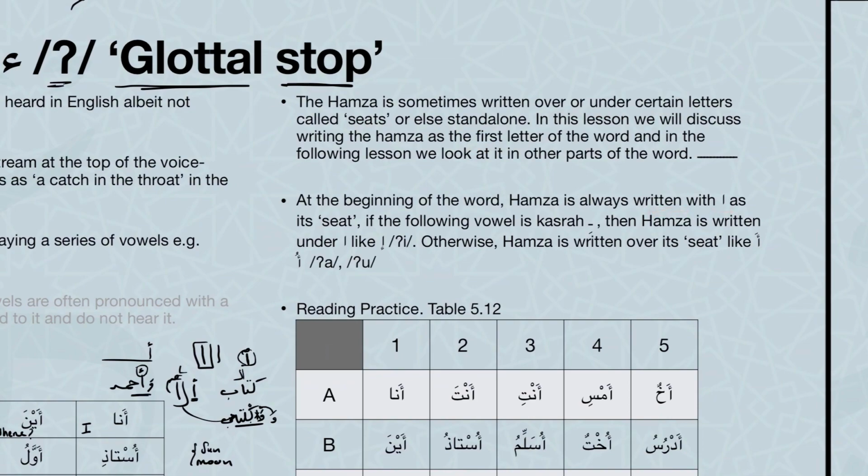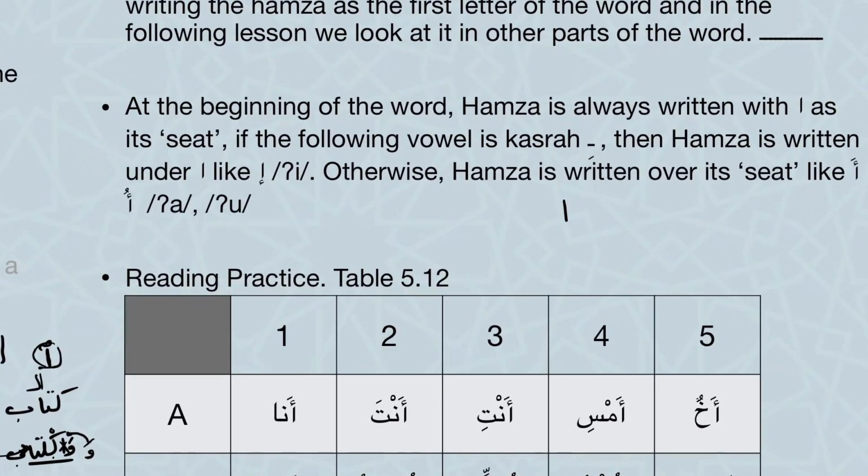If the following vowel is kasra, then the hamza is written under, like this. If it's dhamma or fatha, I can put the dhamma and I can put the fatha. But if it's kasra, it just goes under. So it becomes i, not a.